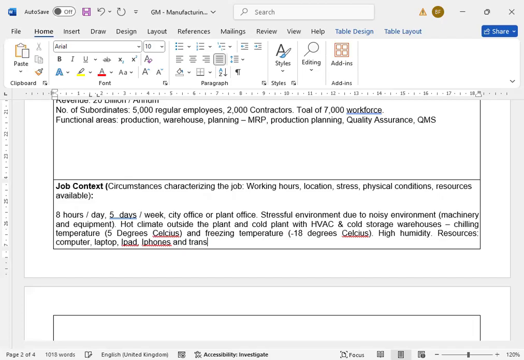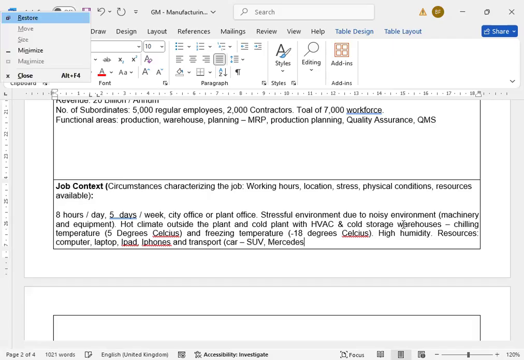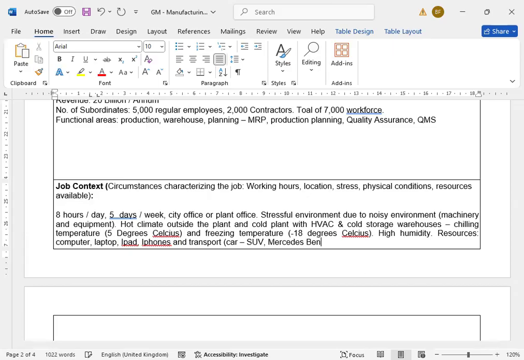And of course, transport, a car. Usually the issue is an SUV for general managers, sports utility vehicles, or even Mercedes Benz, or maybe BMW.